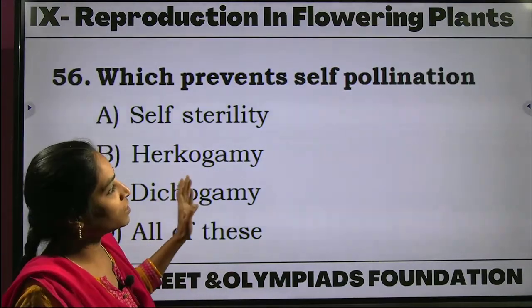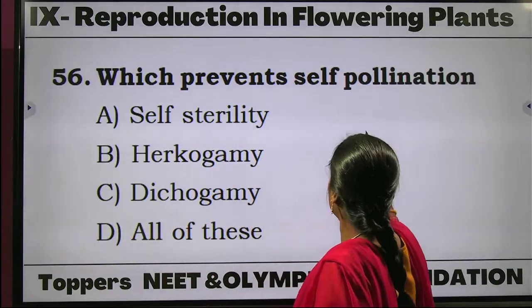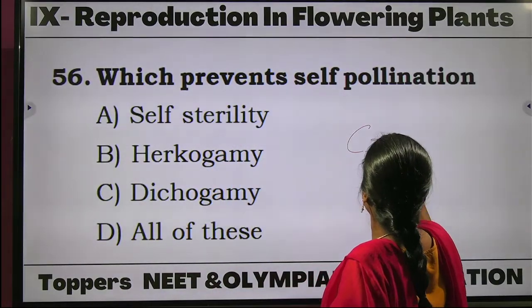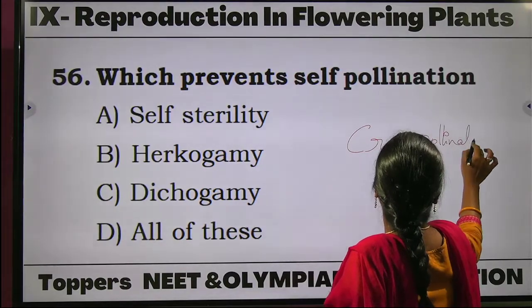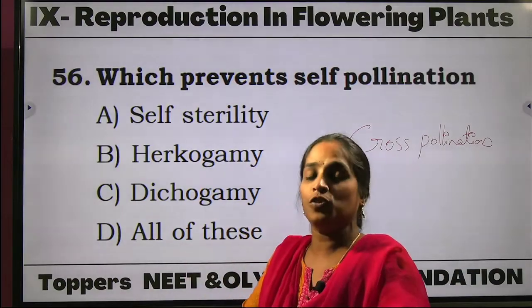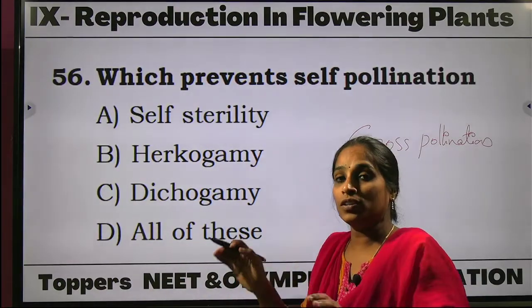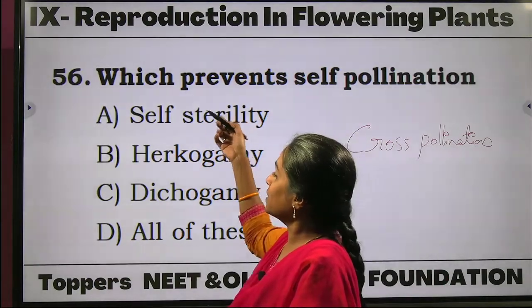Which prevents self-pollination? Preventing self-pollination means cross-pollination occurs. So in this process there should be only cross-pollination but not self-pollination. Let us see the first option. Self-sterility.